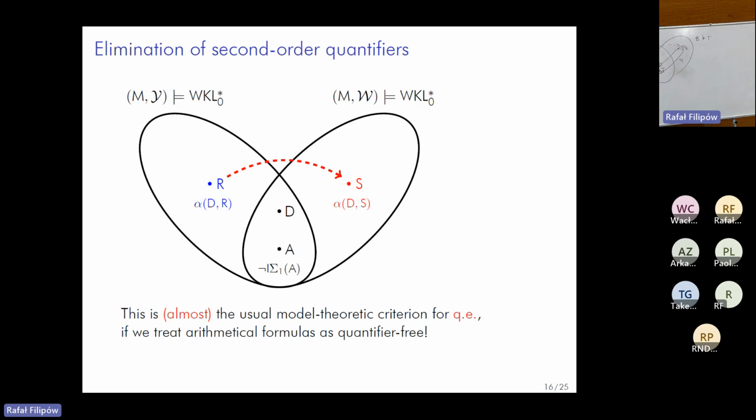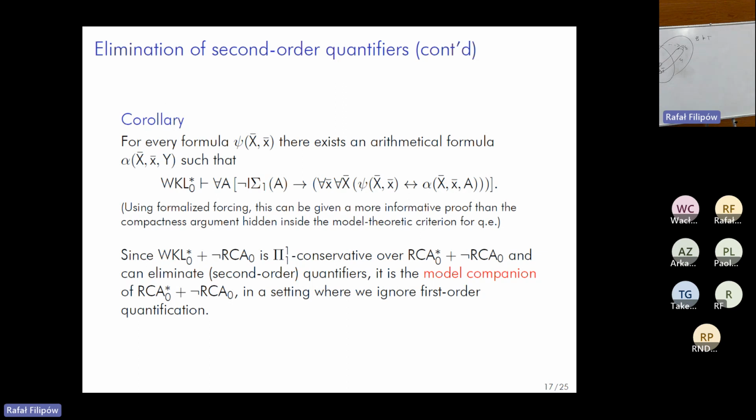You can actually massage it a little bit to get a more refined, more informative version that tells you what the arithmetical translations of second order formulas are. But the bottom line is that you get the following result.